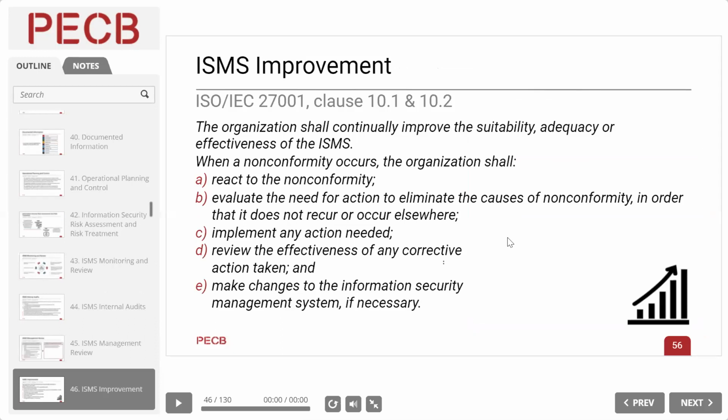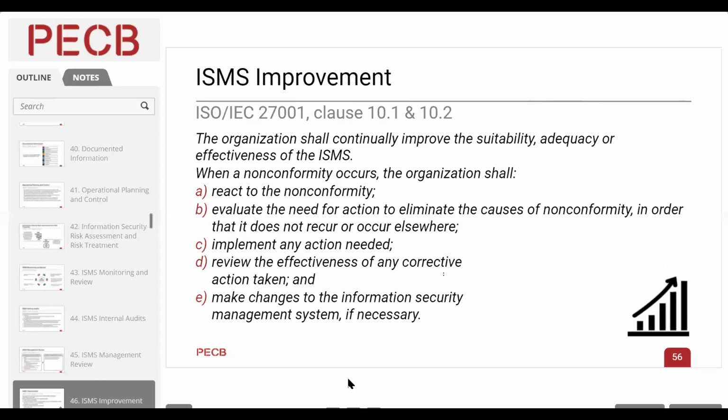Then improvements. So as I said, we need to look at ensuring that we are continuously improving. Whenever we identify a non-conformity, some actions have to take place alongside.